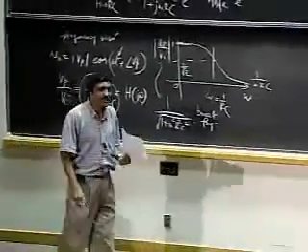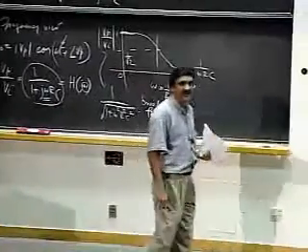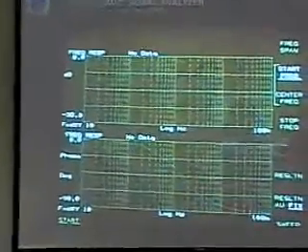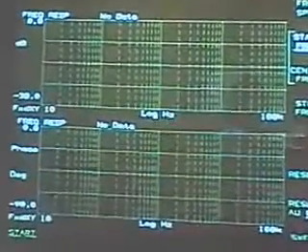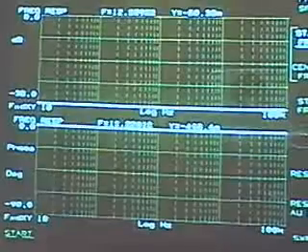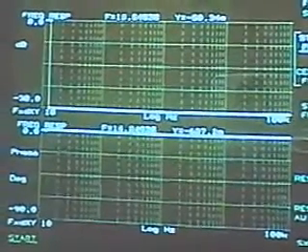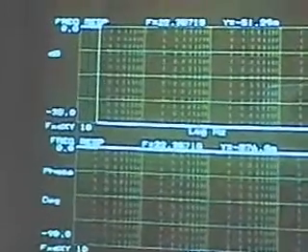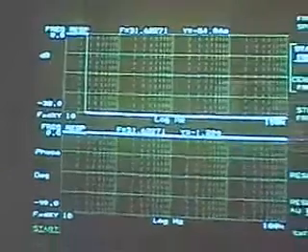Just for fun, we're going to play frequencies between 10 hertz and 20 kilohertz, and figure out at what point your ears cut out. That will tell you what the break frequency of your ear is.